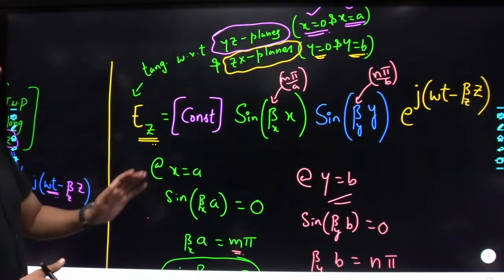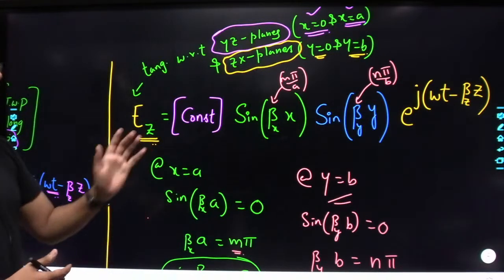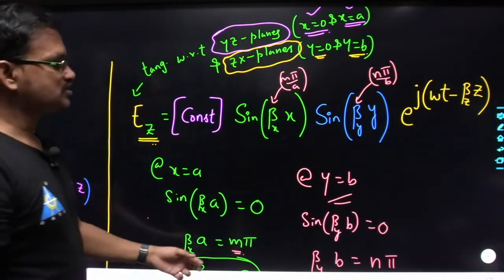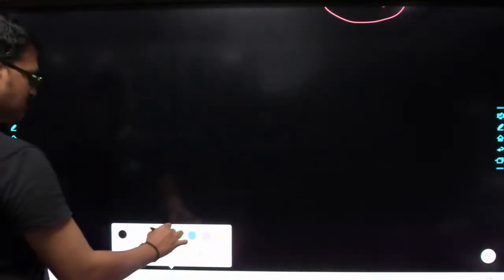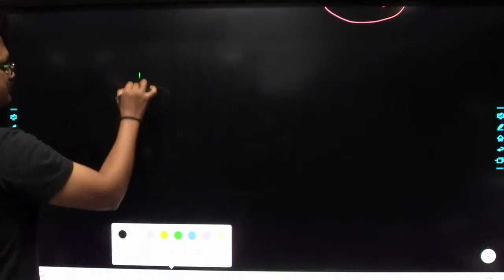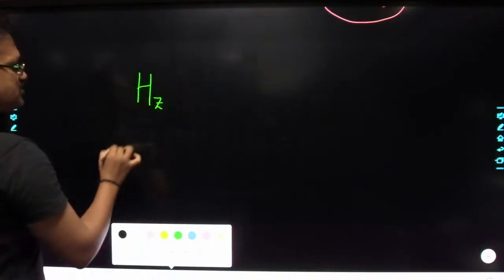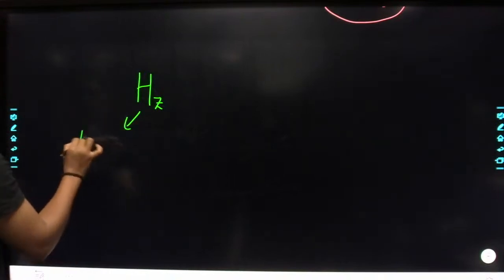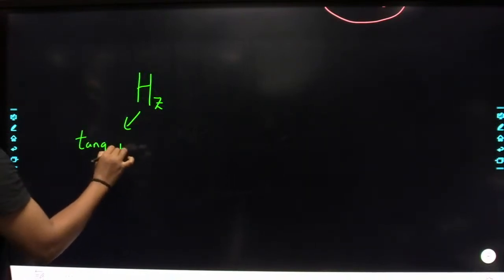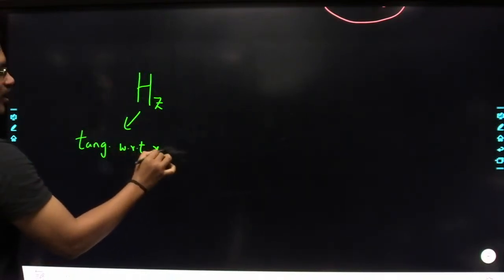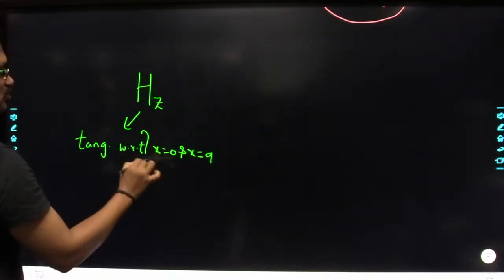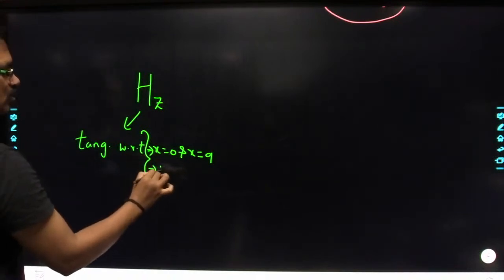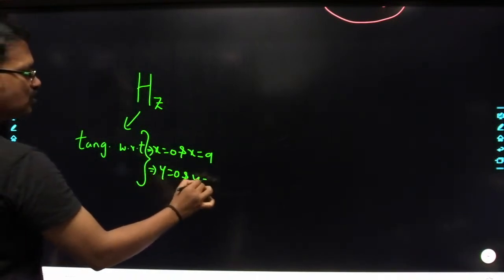You can just write them with the help of boundary conditions in this manner. Now similarly, if you want to write for Hz, Hz also acts like a tangential component with respect to the x equal to 0 and x equal to a plates, and also with respect to the y equal to 0 and y equal to b plates.